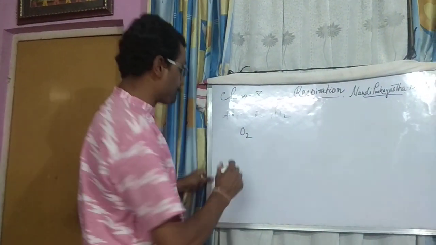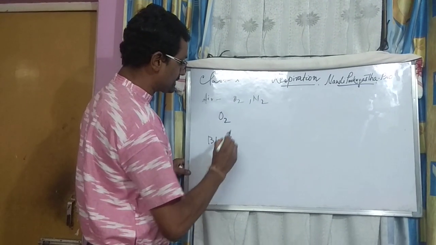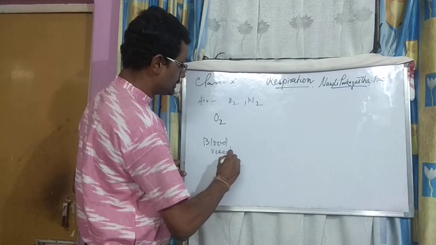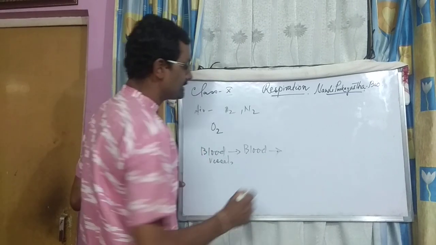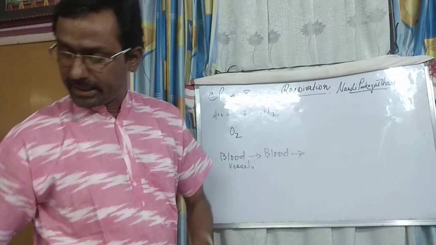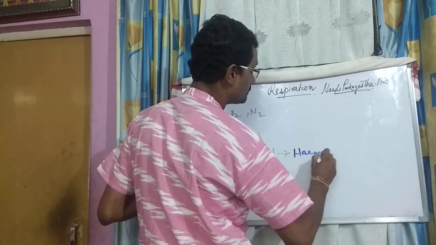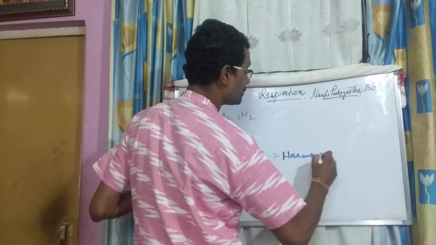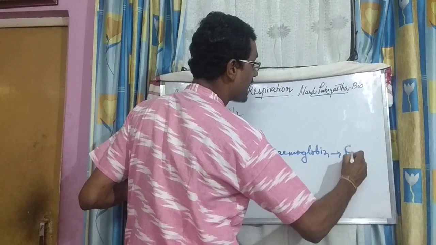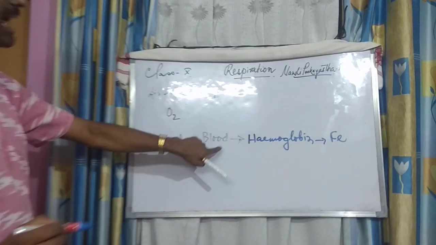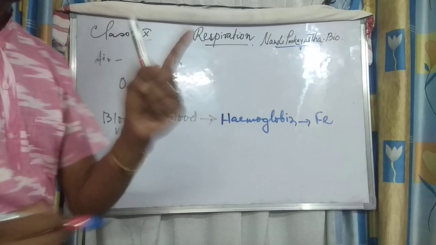Because, see, I'm telling you, we have blood vessels. Blood vessels have blood. Blood has hemoglobin. Hemoglobin has iron, an important thing. And iron has affinity.